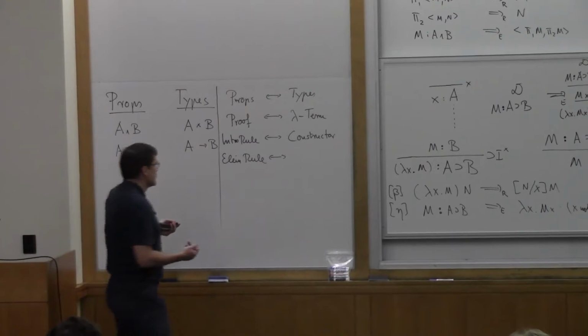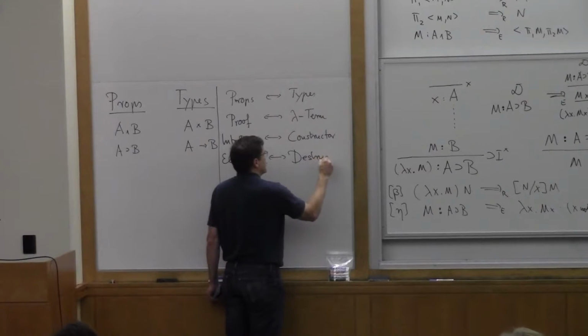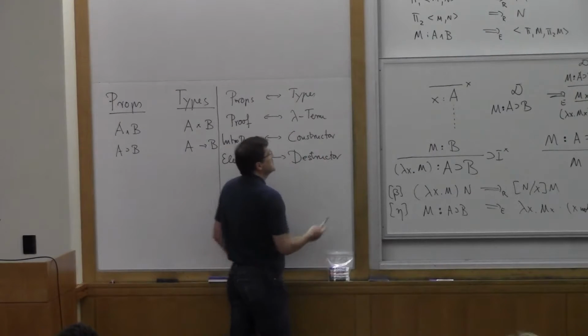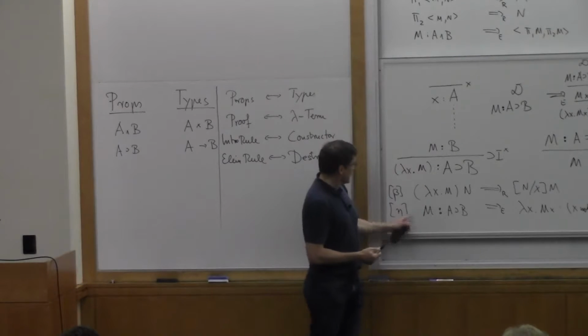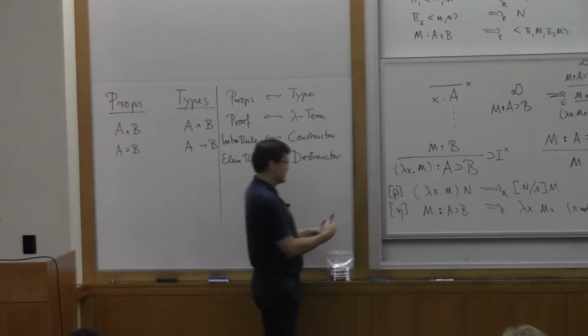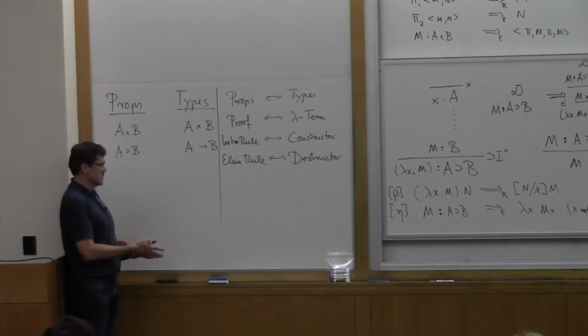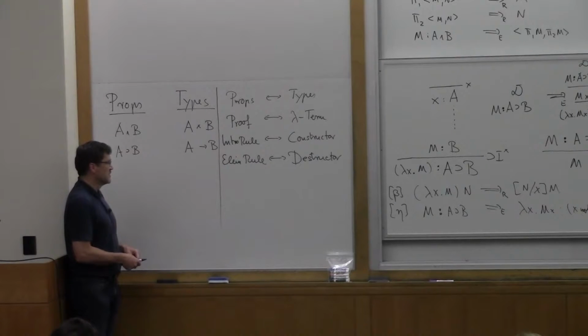An accessor, or I'm going to call it a destructor. Right? Because it destructs a pair into the components, or it takes a function and destructs it into the body, okay, and substitutes for the argument. So the intros are constructors, the eliminations are destructors for types.